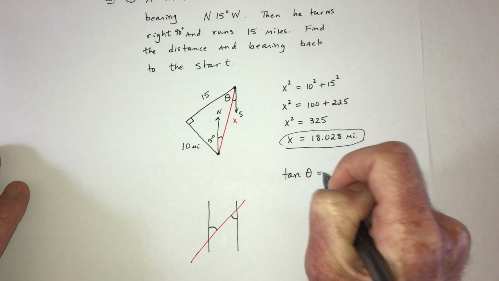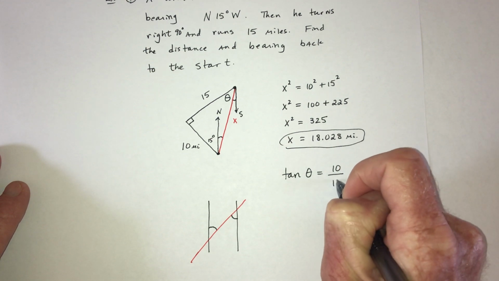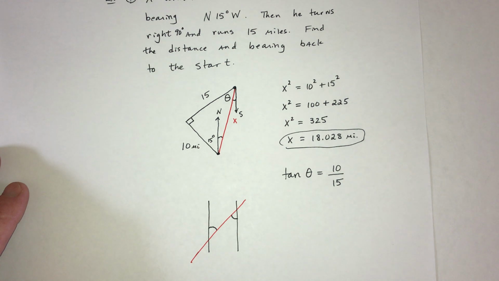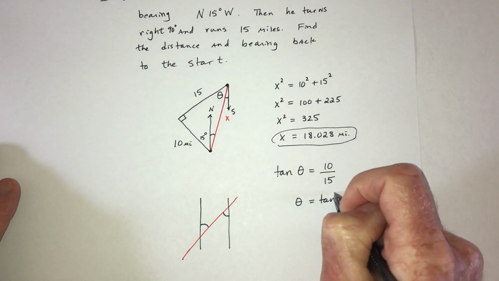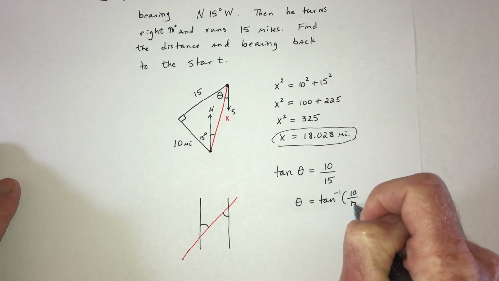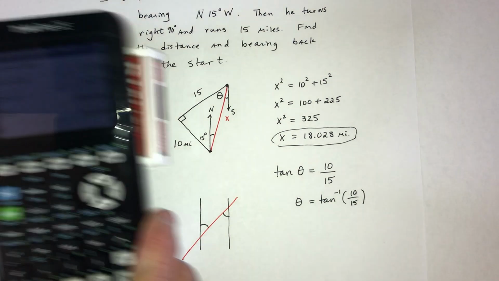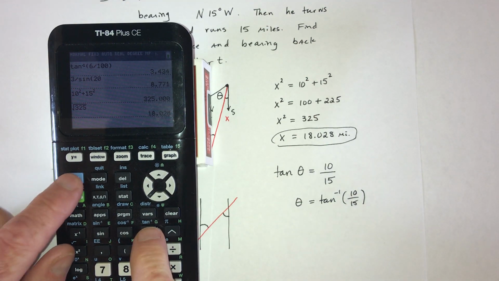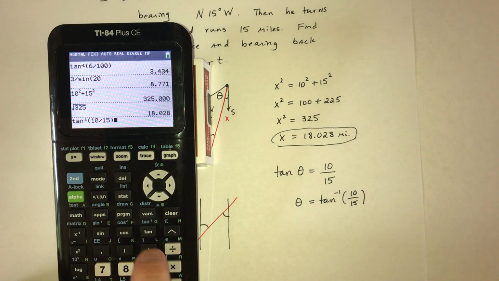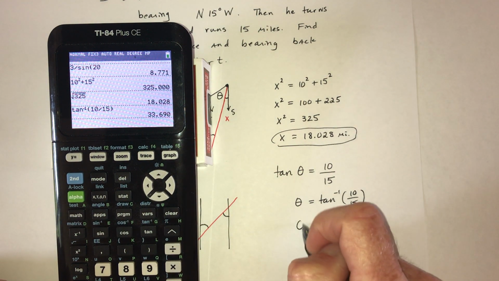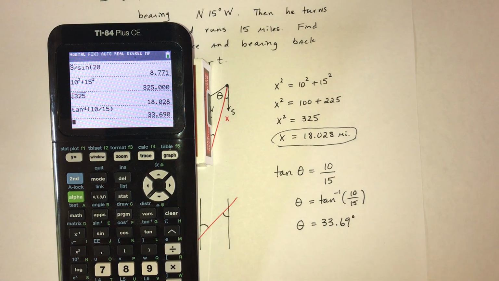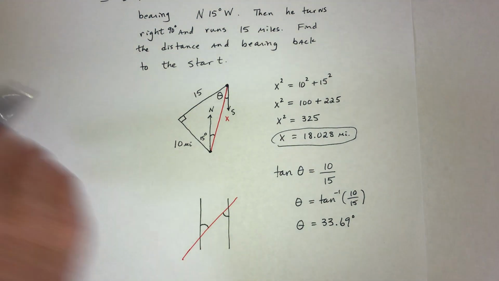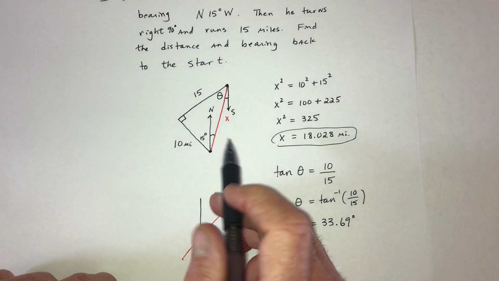So tangent of theta equals opposite over adjacent. And then take tangent inverse of that. Boy, should you use the calculator in this class a lot? Tangent inverse of 10 divided by 15, and is it in degrees? Yes. So that angle equals 33.69 degrees. Now that's not the answer because we still need to find this little angle right here.